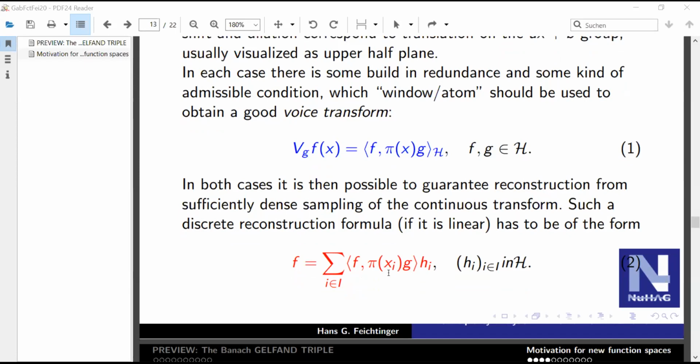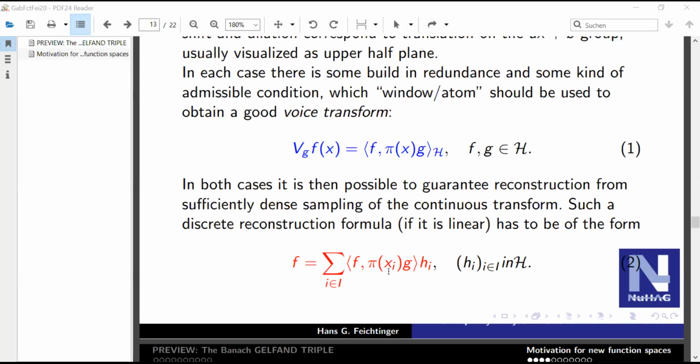And then the question arises, well, if you're sampling properly, maybe dense or sufficiently dense, maybe along a grid, maybe along a discrete point set, which is just dense enough, can we reconstruct? And the joint property is, if you're starting with good atoms, so for us, for time frequency analysis, this is just decaying property and smoothness. For wavelets, you would have an admissibility condition.